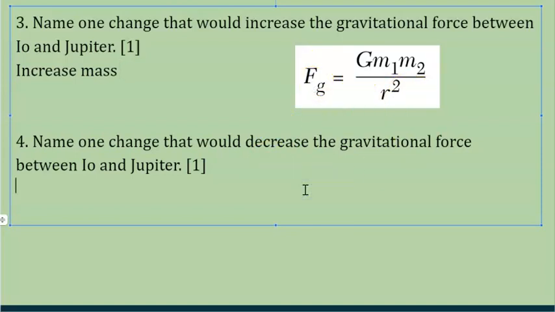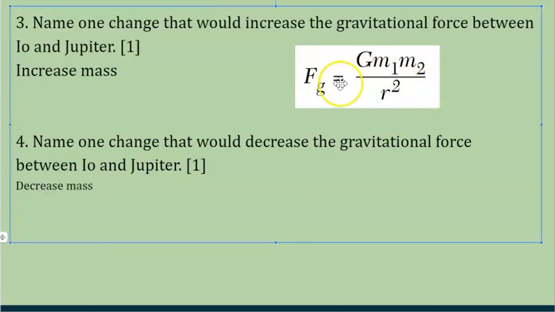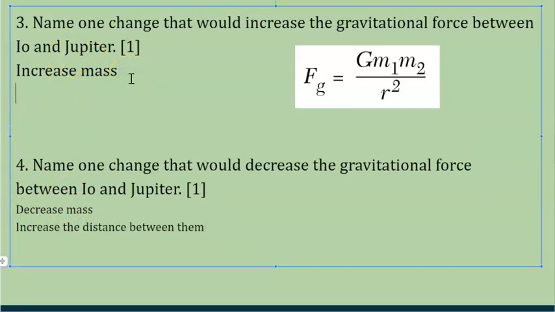Name one change that would decrease the gravitational force between Io and Jupiter. So it's the opposite. We could decrease the mass. You could also increase the distance between them. You don't have to write both, just either one of these would be fine. And also for question 3, decreasing the distance between them.